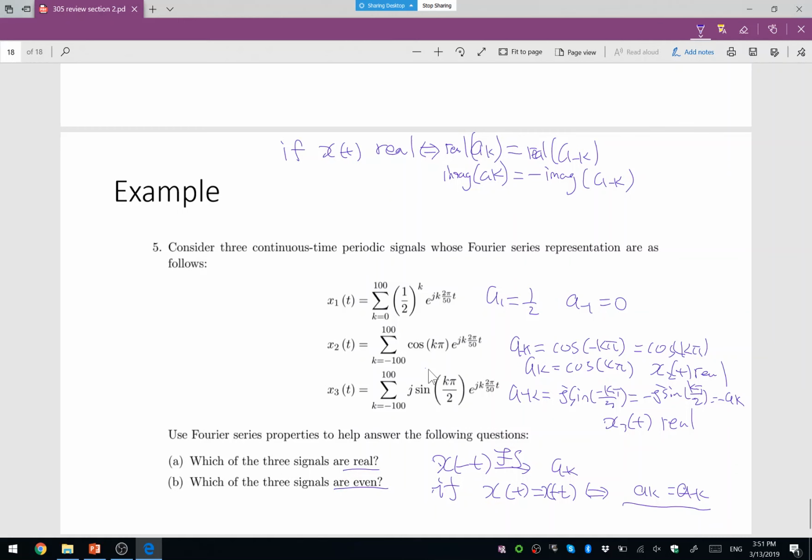Yeah, sure. Yeah, you're right. But usually it's just by looking at the a_k's. So how would you evaluate if the exponential was even or odd? Well, divide that into sine and cosine, because sines are odd and cosines are even.